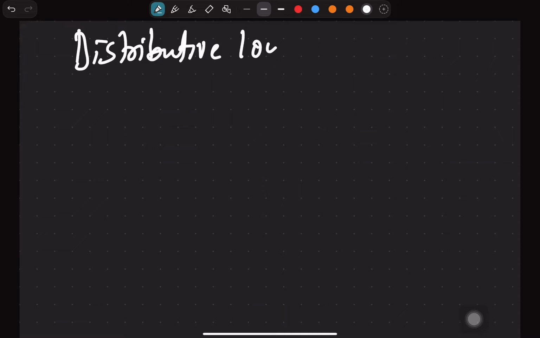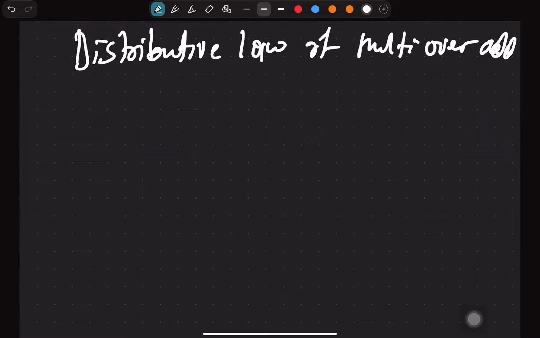Now let's look at distributive. So the distributive law of multiplication over addition in complex numbers.